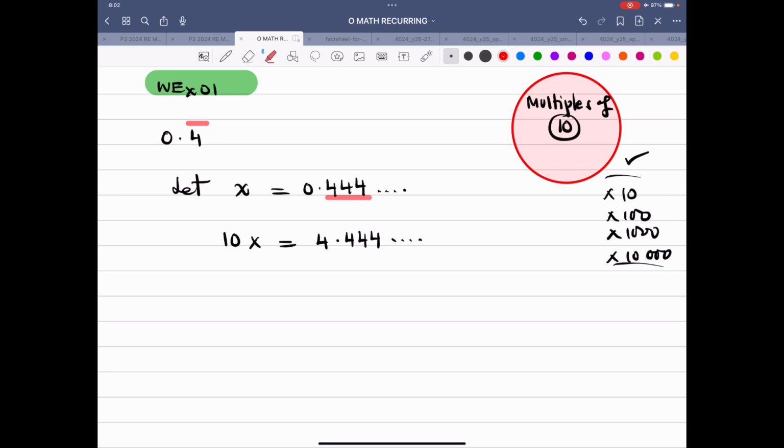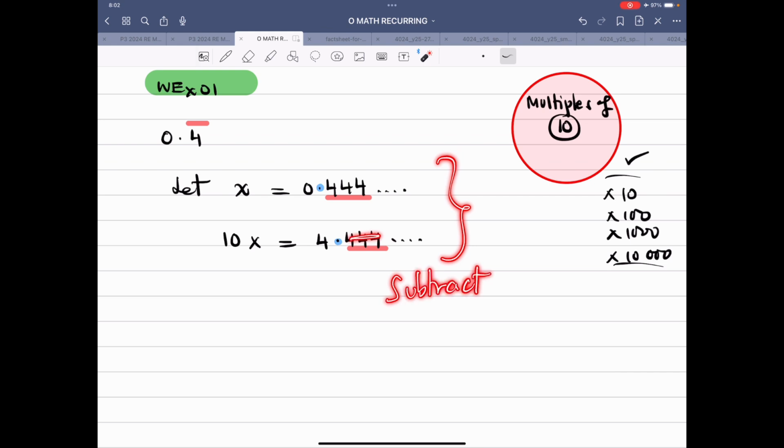Now let's focus on this. This part after the decimal and this part after the decimal, is it the same? That's the decimal, that is the decimal, it's the same. That means if I do some subtraction, this part and this part will cancel out. I hope you're getting the idea of what I'm aiming at.